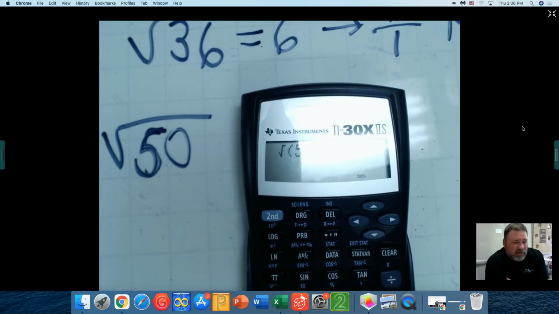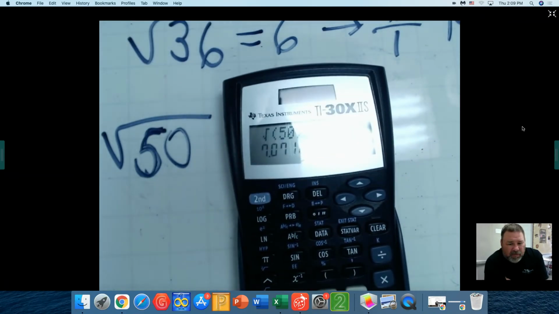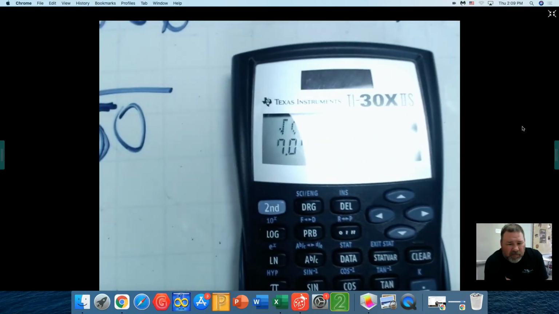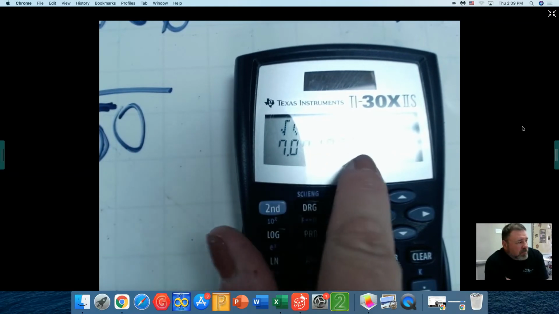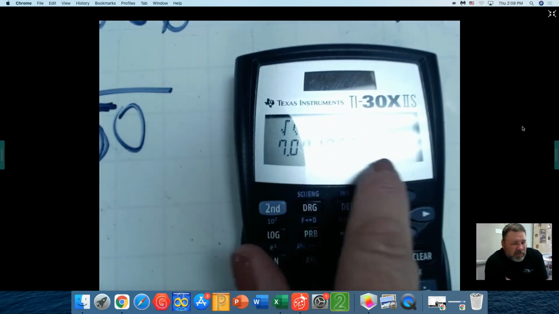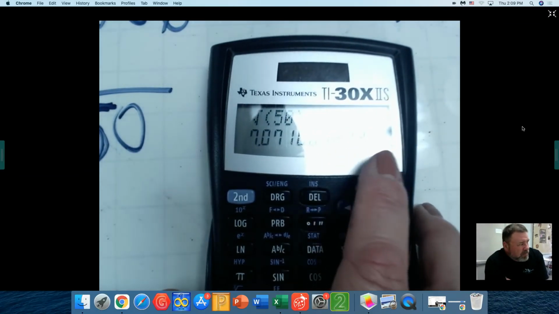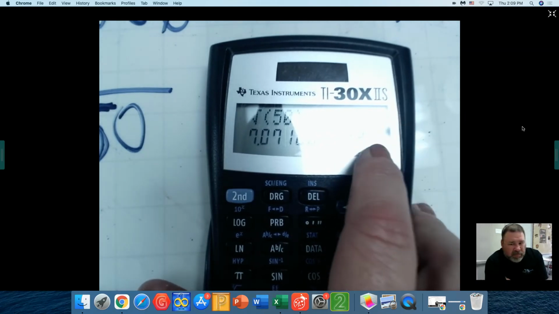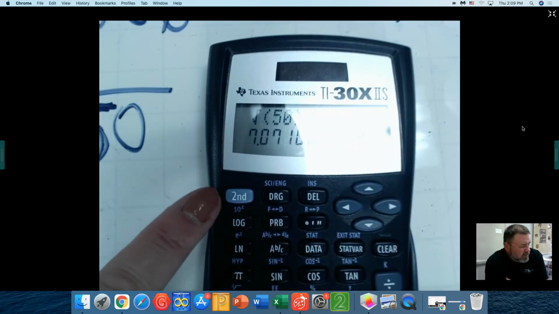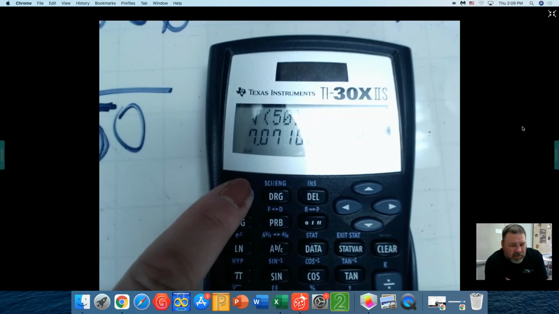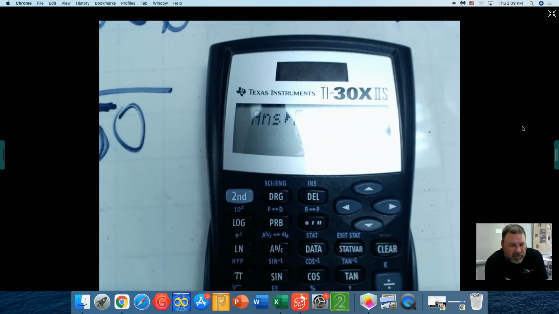Now, this is an example of square root of 50. So square root of 50, when I look at the decimal, it's 7.071067812. The problem with this is that I don't know what the next digit is. It's not repeating. When I try to cheat and let the calculator turn the decimal into a fraction, it won't.